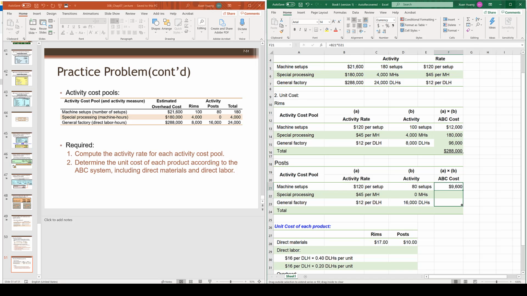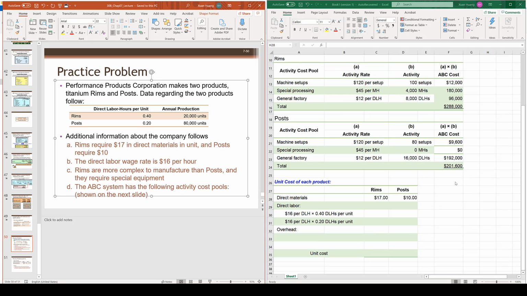We do the same thing here for special processing and general factory, and add up the total. The total overhead cost which should be assigned to posts is 201,600. Now we can calculate the unit cost of each product, for rims and for posts.